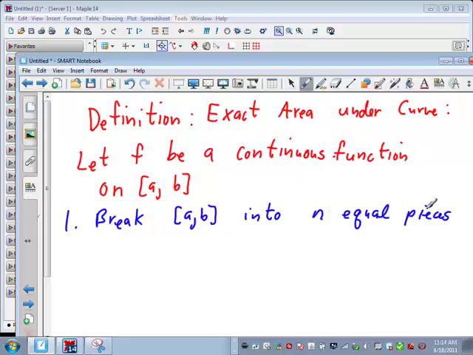All right, so now we're just detailing what we did. Each piece, we'll call the length delta x.